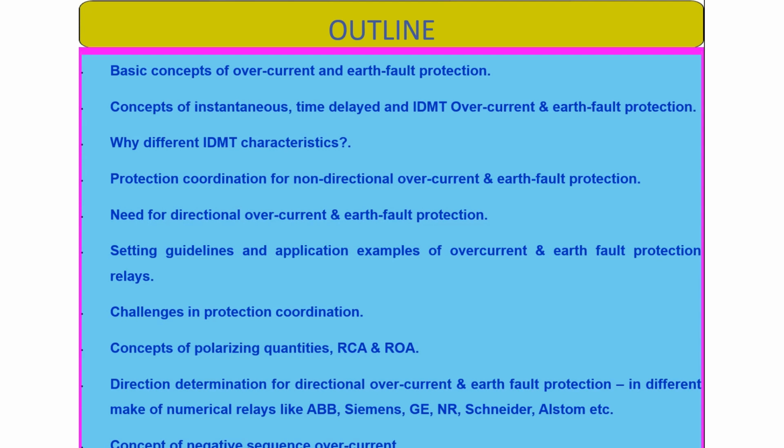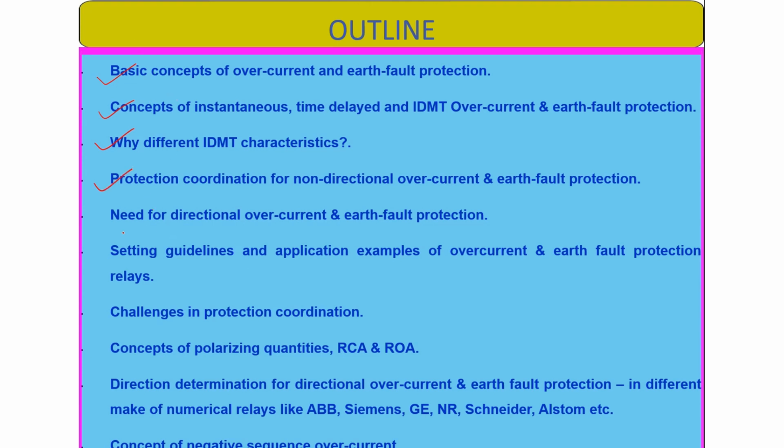So in this session, we are going to discuss directional overcurrent protection, what the need for directional overcurrent protection is, and we will discuss 2 to 3 different types of cases and how to coordinate those directional overcurrent protections. In the first two sessions, we have discussed four topics.